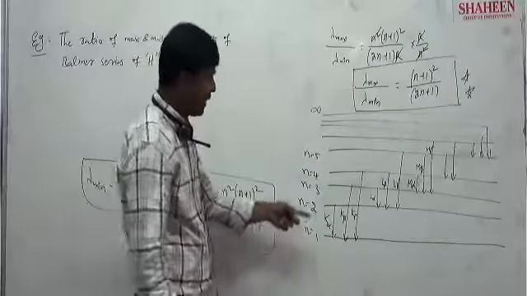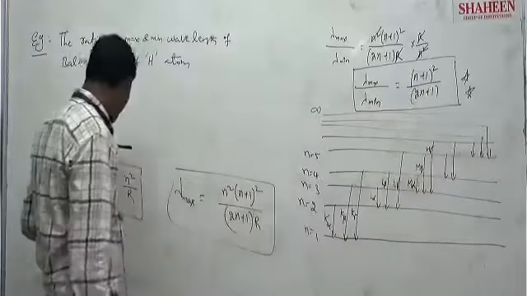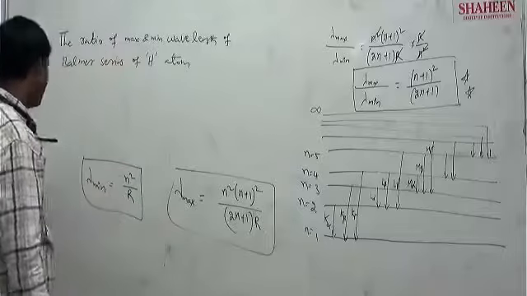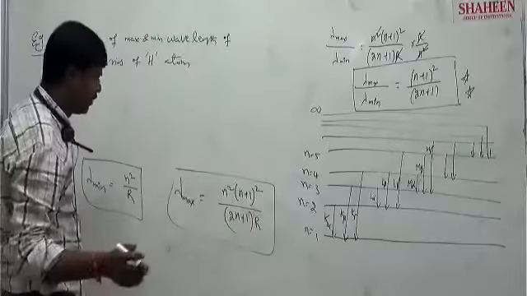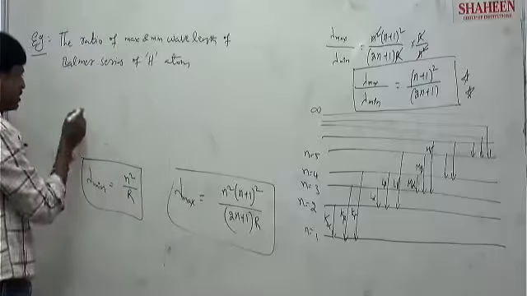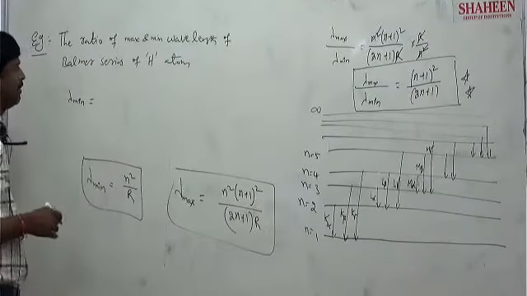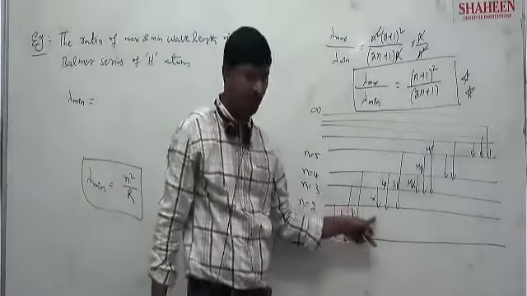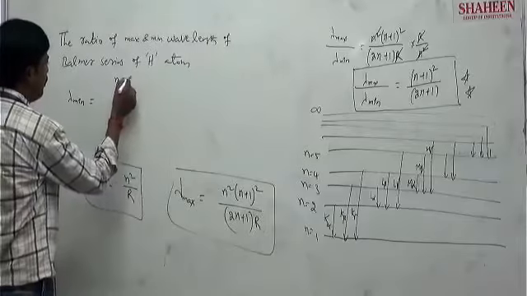So you can use directly this formula, okay? Or we can calculate lambda minimum and lambda maximum and divide. In examination we can use that formula directly, but let us redo this first. Lambda minimum, Balmer series means it started with the L shell, that means n equal to 2.